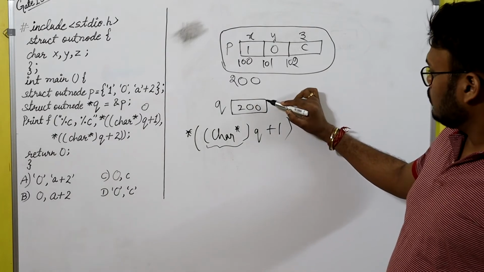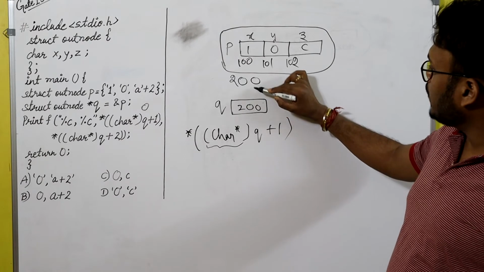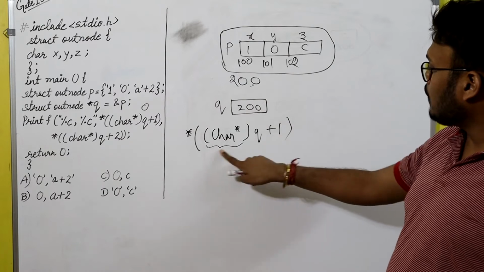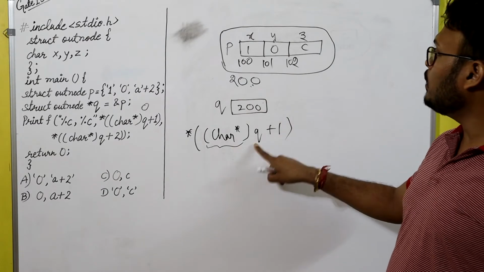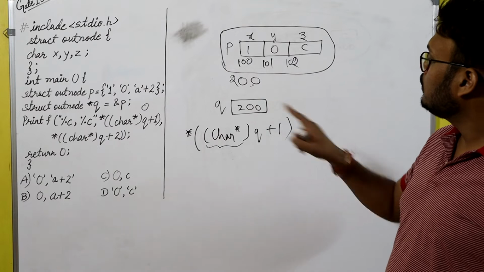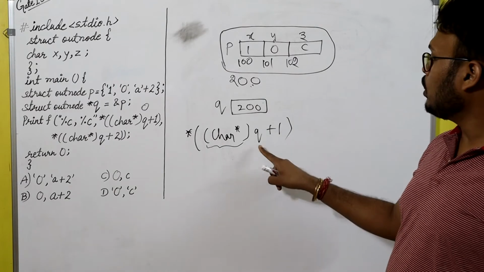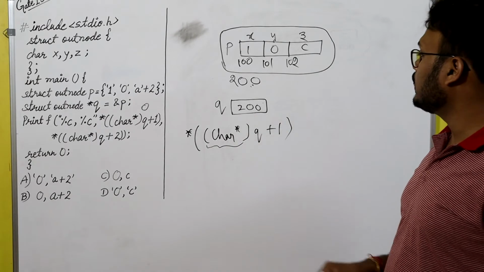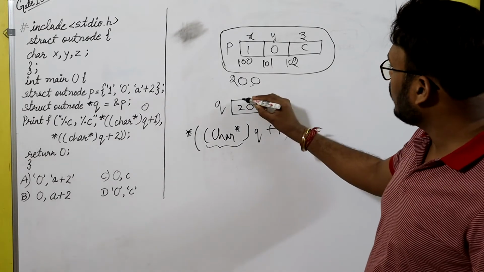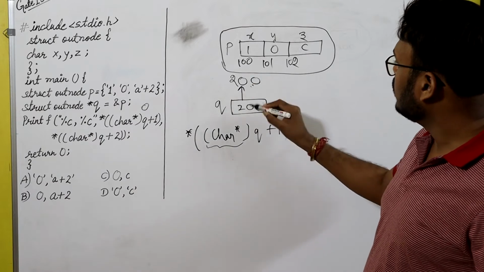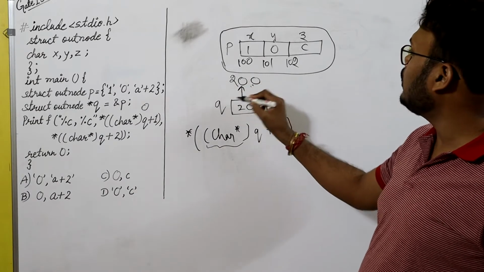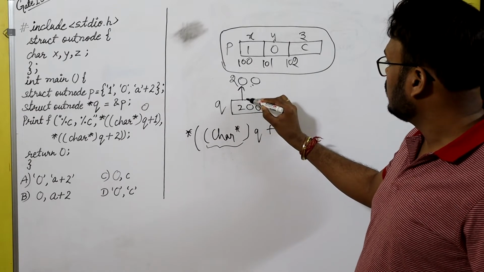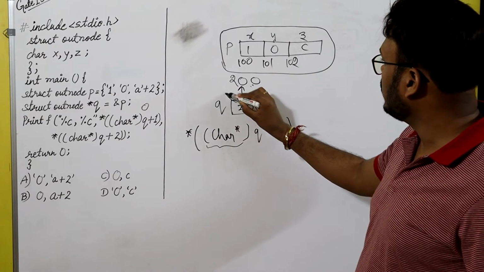Initially, Q points to the address of this node. What is the address of this node? 200. But after typecasting, Q will point to the character. Because now Q is a character pointer. So initially, Q was pointing to this node. But now, Q will go inside this node and will point to the first character. Okay, like this. Now Q will point to here.